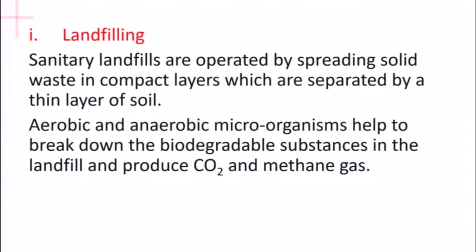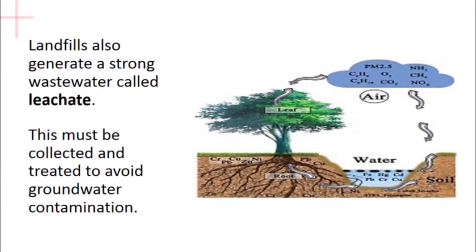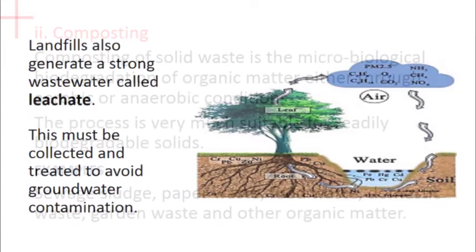Aerobic and anaerobic microorganisms help to break down the biodegradable substances in the landfill and produce carbon dioxide and methane gas. Landfills also generate a strong wastewater called leachate. This must be collected and treated to avoid groundwater contamination.